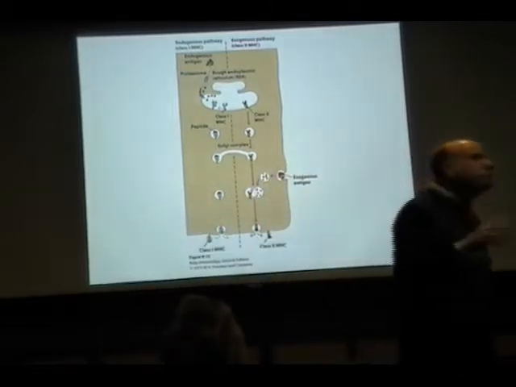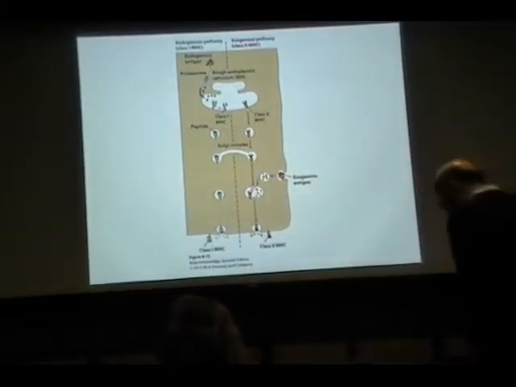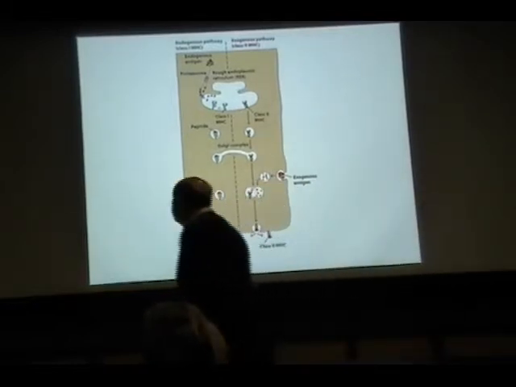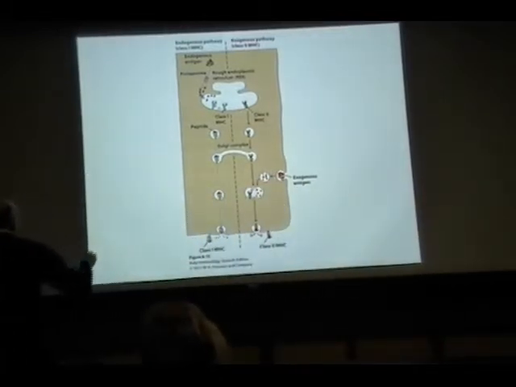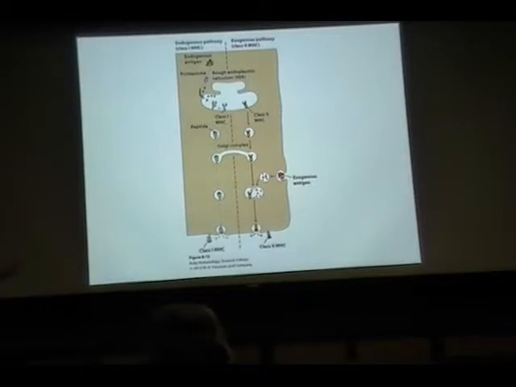One more thing you have to remember. Memorize it, because I'll put it on the exam. Class 1 molecules work with endogenous antigens. Gotta memorize it. Can't explain it any other way. Well, I can, but it's complicated now. It's probably easy to memorize. Class 2 molecules get their peptides from the exogenous route.